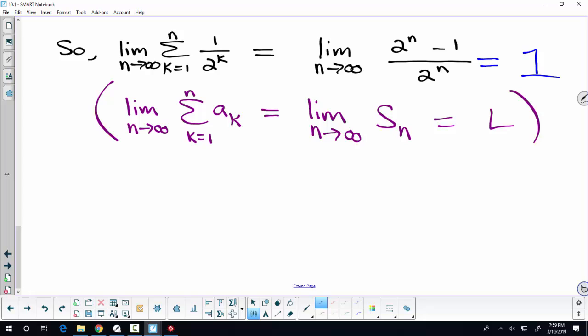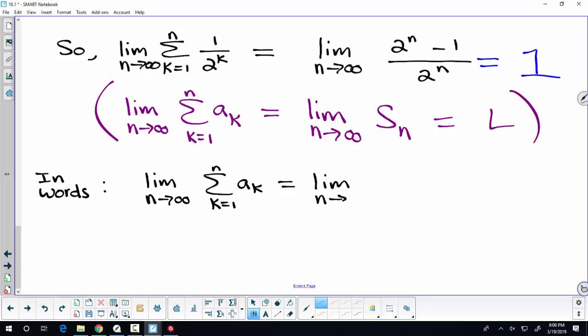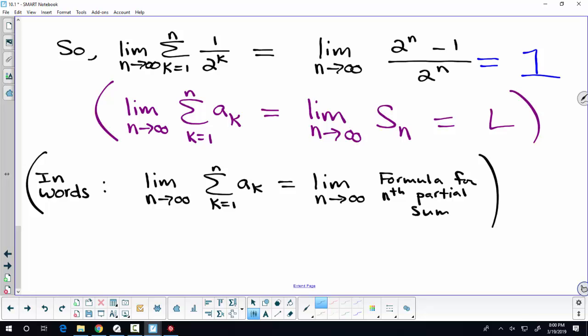So here, what we wrote in parentheses, I just want to reiterate that in order to compute an infinite sum, as long as we can find a formula for the nth partial sum, we can find the limit of that, which is equivalent to the sum itself.